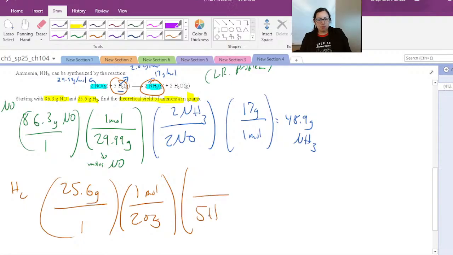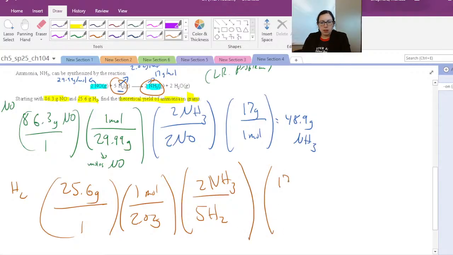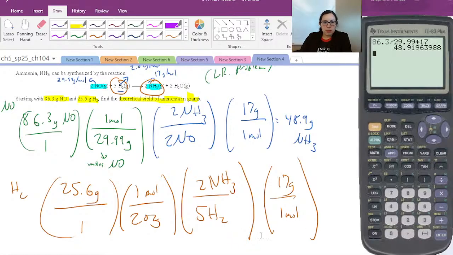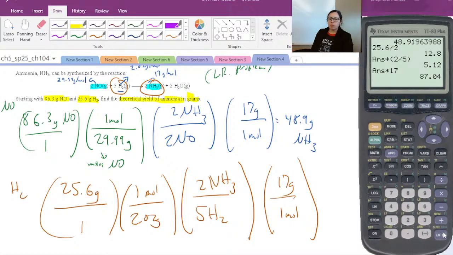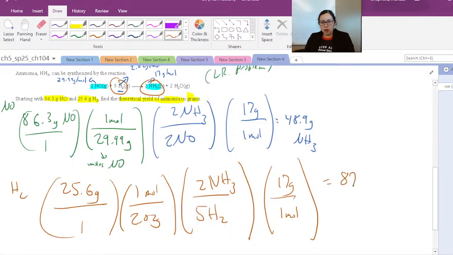For every 5 moles of hydrogen, we can produce 2 of ammonia, and then of course convert it back to a mass again. And so let's compare. Now I get a theoretical yield of about 87 grams.